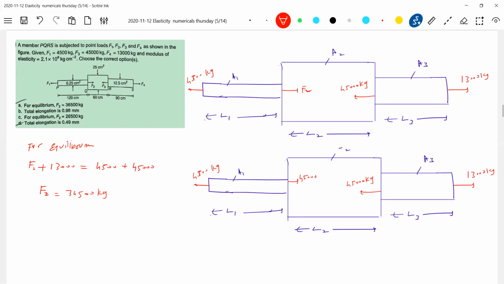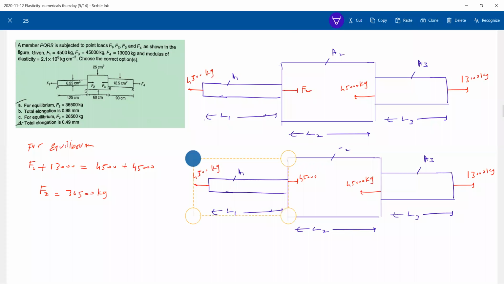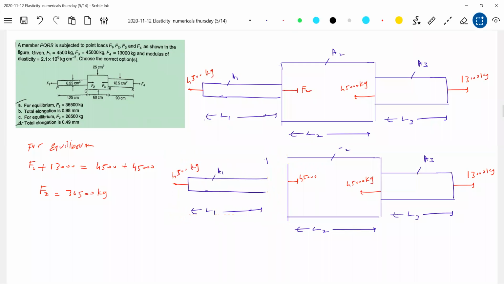F2 was 36,500. In that, if you remove 4,500, how much will you get? 32,000. Okay, the problem will become very simple. On individual elements, let me plan it.